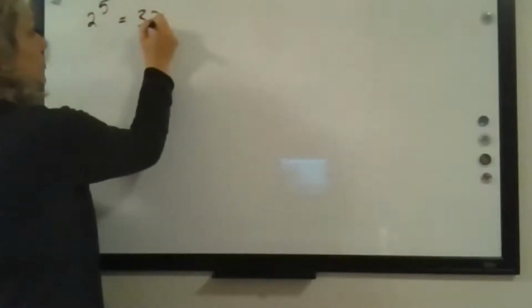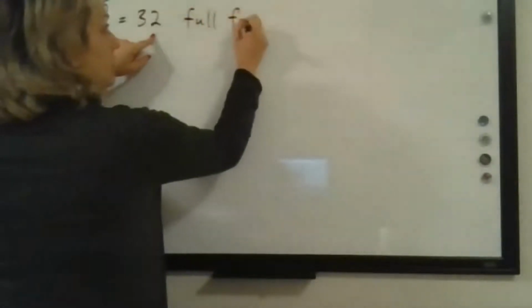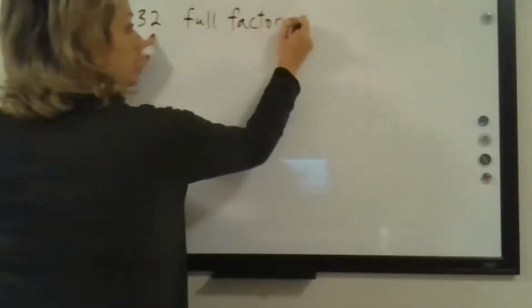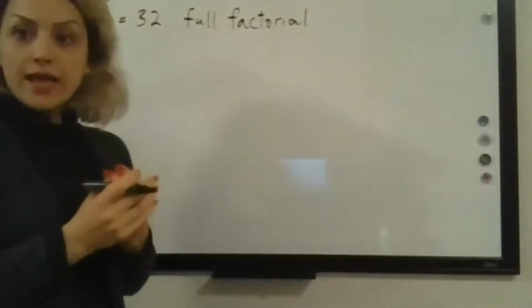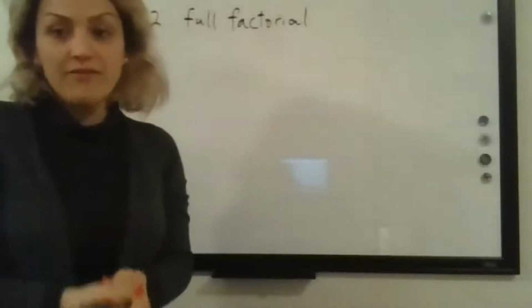So the number of runs is going to be 2 power 5, which is 32. This 32 is the number of runs if we had the full factorial. Right? So then, in the question, we have been told that we just can have 8 runs.